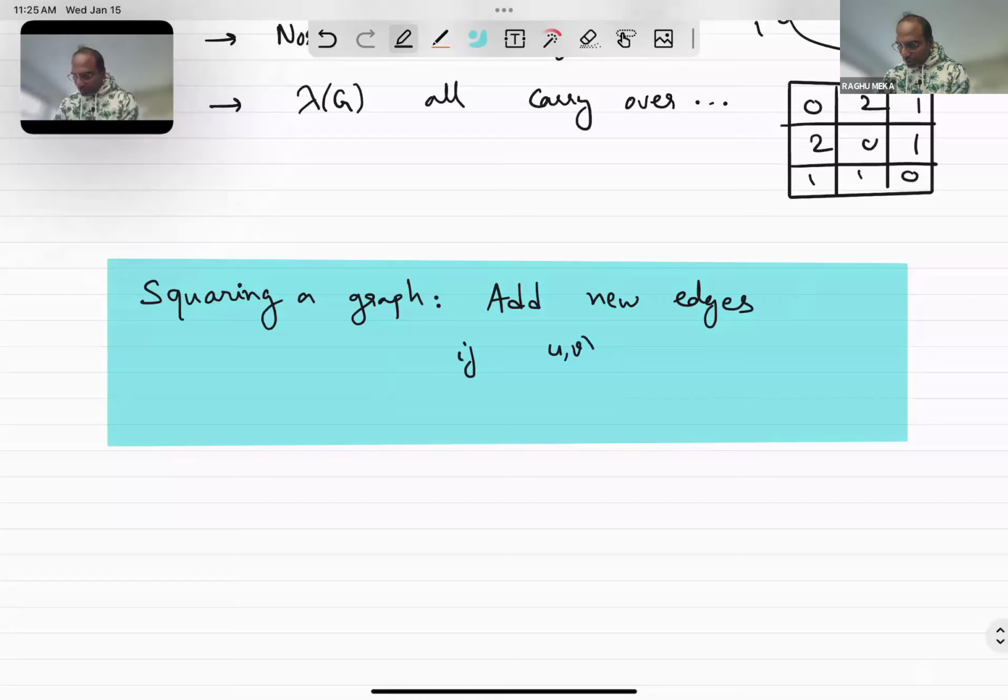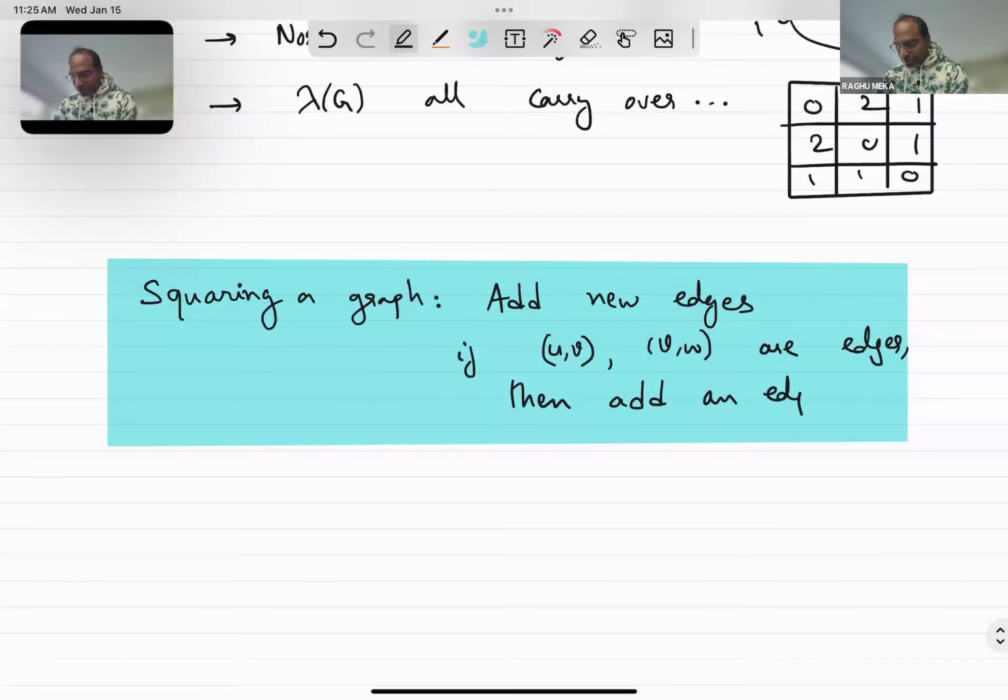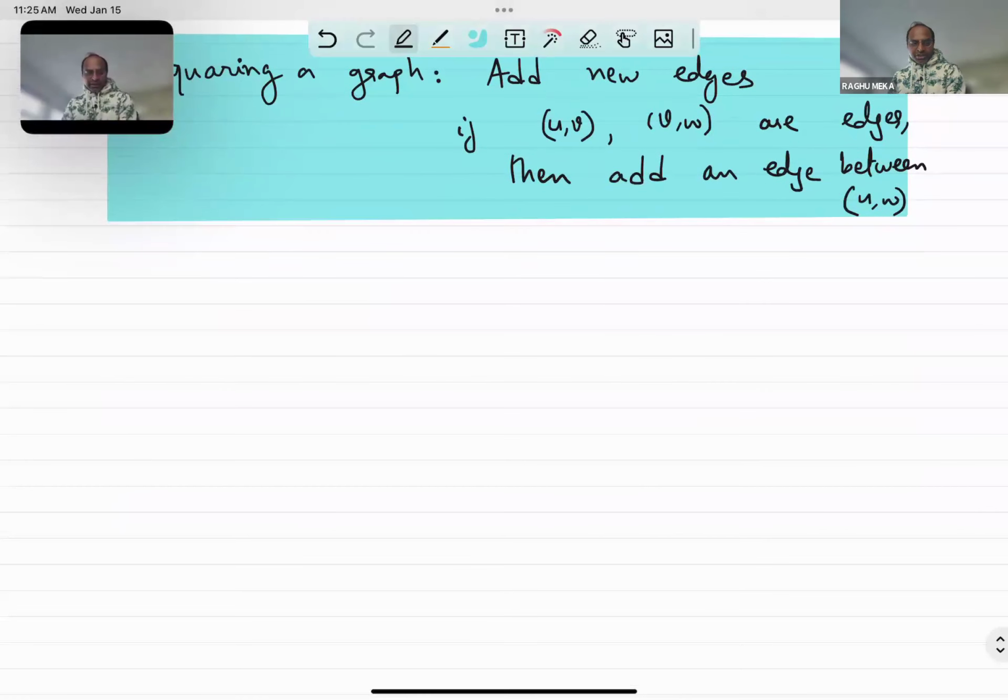If u comma v and v comma w are edges, then add an edge between u comma w. So you're basically connecting paths of length 2 by short circuiting them. And you delete the old edges, they don't appear. Because we have self loops, they kind of appear, but that's not important.